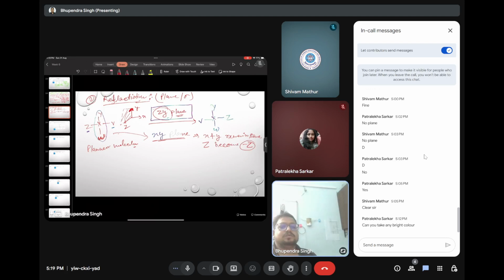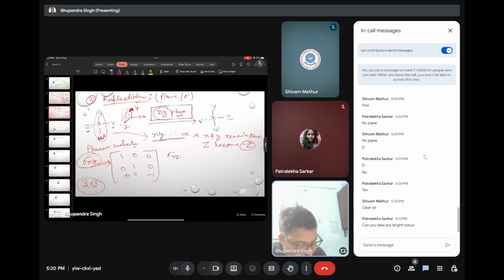So what will be the transformation matrix? It will be 1, 1, minus 1 for a 3 cross 3 transformation matrix. So this is the transformation matrix of sigma xy.